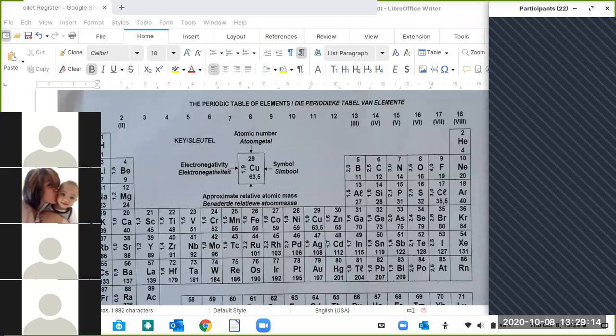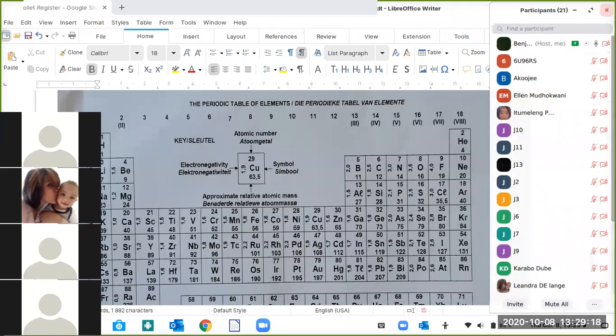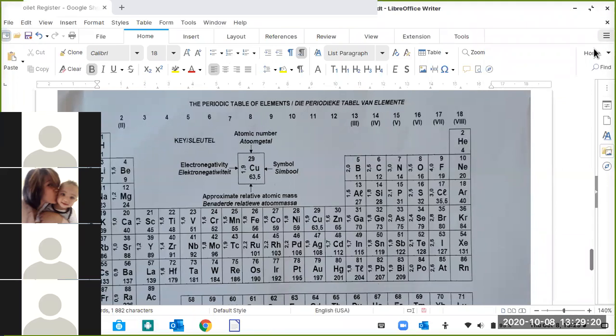Now, we are saying period tells us the number of electronic shells, that is the number of rings or electron rings around the nucleus, right? Then the group tells us the number of electrons in the last or in the outermost shell around the nucleus. I think that one is now clear, isn't it?